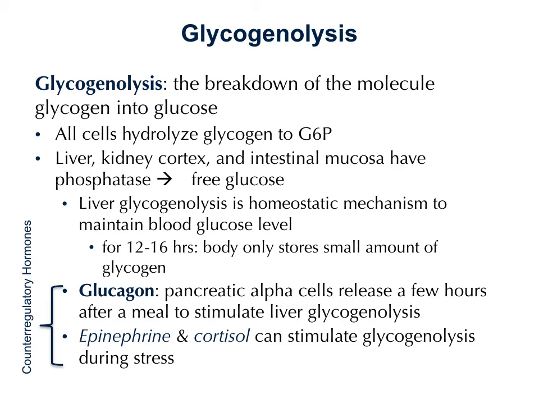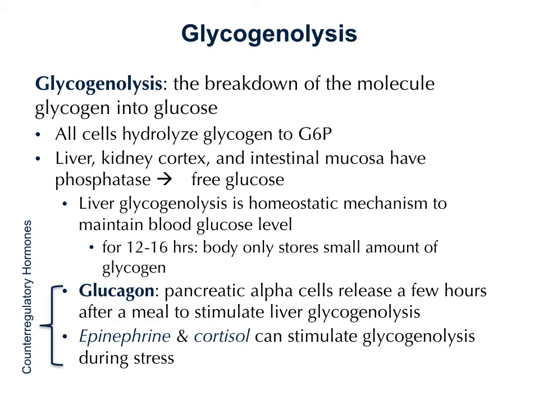Although all cells have the enzymes to break down glycogen to G6P, only a few cell types, the liver, the kidney cortex, and the intestinal mucosa, have the enzyme phosphatase, which allows free glucose to form and possibly leave the cell and travel out through our blood.